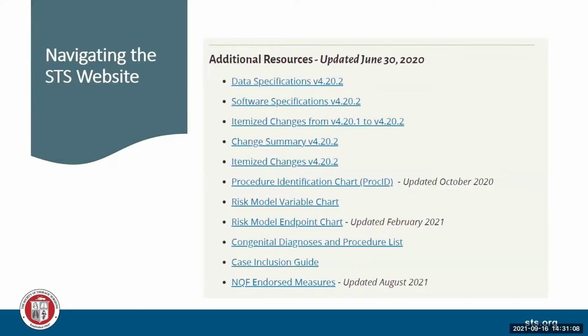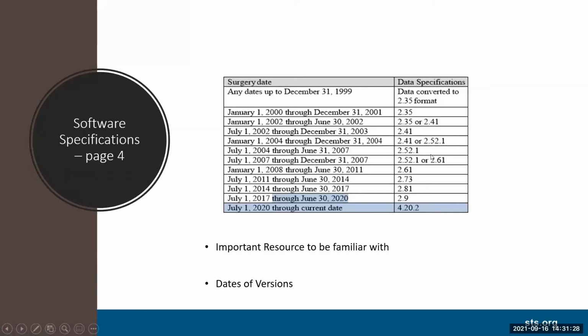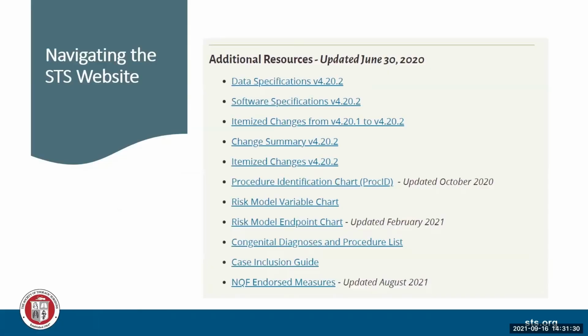Okay. So I kind of already showed you these things here in just navigating this website. I'm going to just run through some of this really quick and add a few little comments about it as we go. So the first thing I want to talk about is this software specification. So you see software specifications.